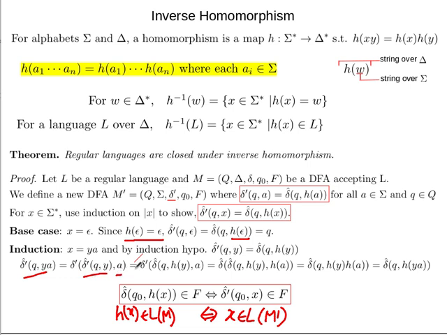But this by induction hypothesis is this thing. So instead of this we have this. And then if we have this, now we use our definition for this. So by construction we have this, right? This is how we construct it.